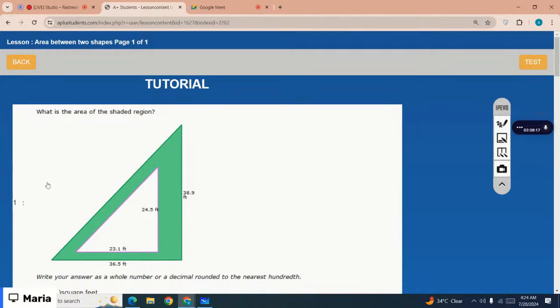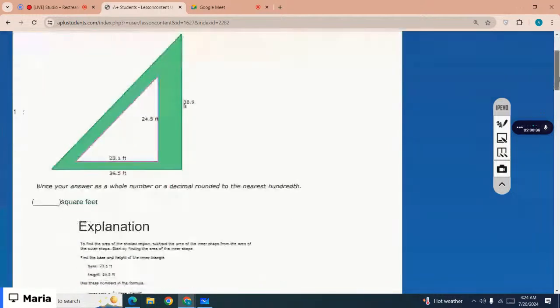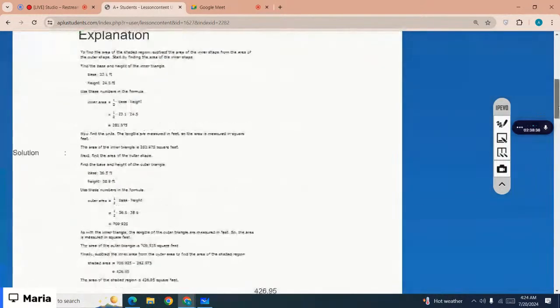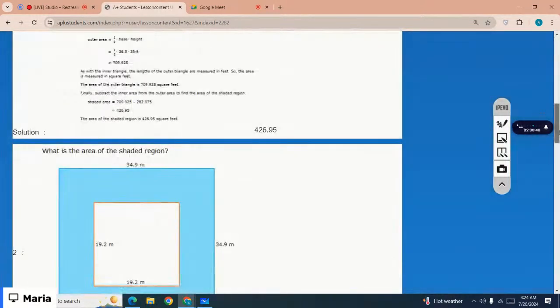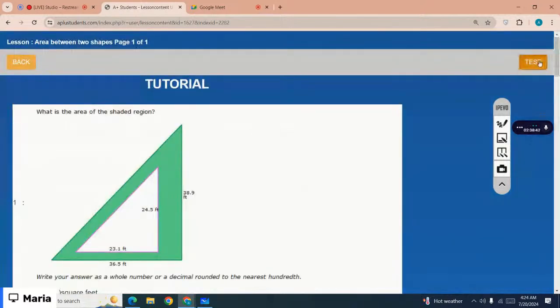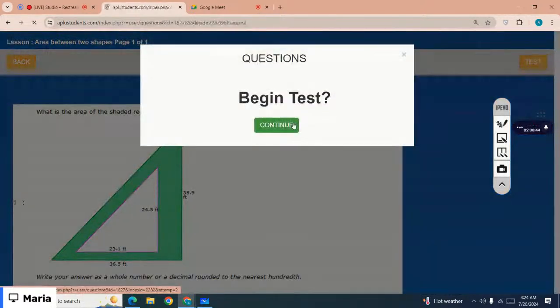So that means you need to remove the area of the white triangle out of the area of the colored one. Calculate the area of the outer triangle, then calculate the area of the inner one, and then subtract the area of the inner triangle out of the outer one, right? You can see here that it is like you have a window in the wall. You need to remove the area of the window, and you are left with the area of the wall, right?